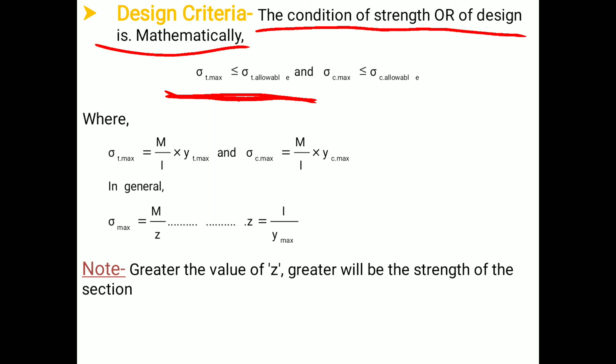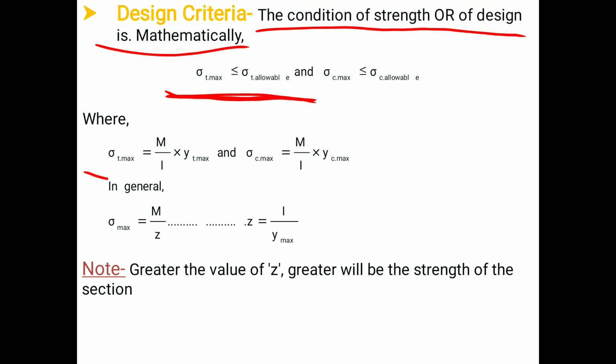If your stress exceeds the allowable value, there may be chances of failure of the material. So for design purposes, the maximum stress in tension or compression must be less than or equal to its allowable value.